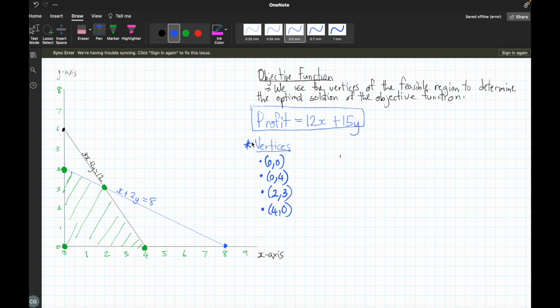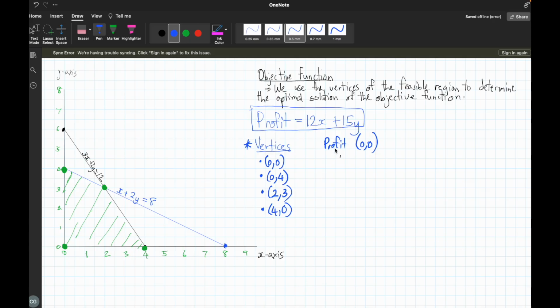Now we need to figure out which one of these points would give us the highest profit. In order to do that, we have to substitute them into the equation here. I'm going to do the first two for you, and then you guys do the rest, and we'll go through them together. So profit for 0, 0. Since we're looking for profit, we want the maximum; if we were trying to save costs, we would look for the lowest.